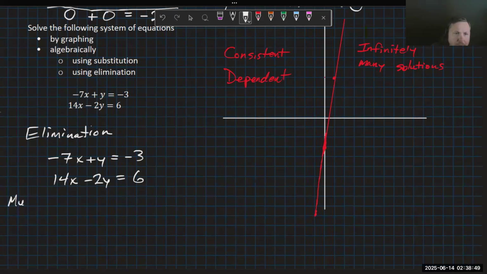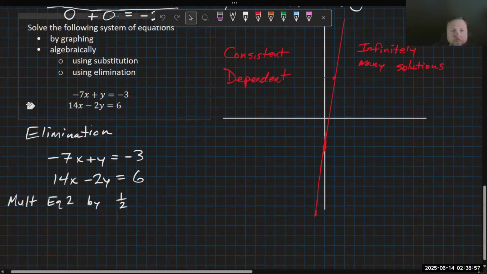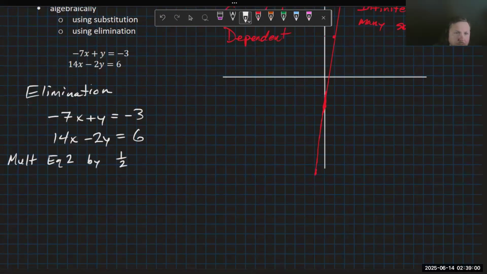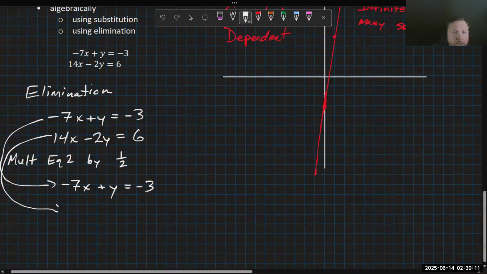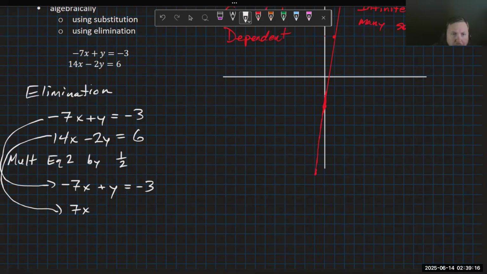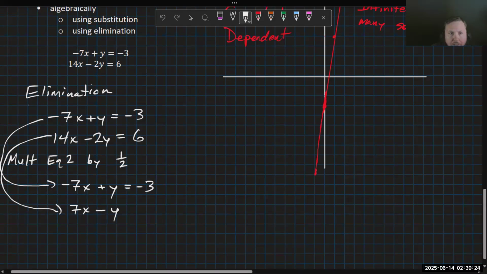So multiply equation 2 by 1/2. The first equation is going to come down as is. And then the second equation: 14 times a half is going to be 7. And negative 2 times a half is going to be negative 1, so that's just going to give me minus y. 6 times a half is 3.